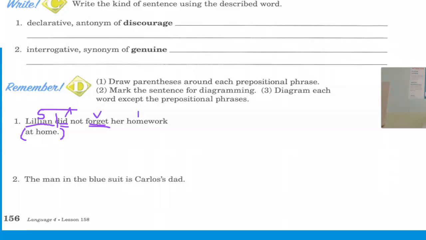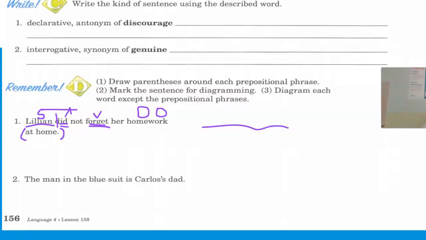Homework. Homework is what part of speech? It is a direct object. Now, we are going to diagram everything except the prepositional phrase. So go ahead and diagram that sentence.